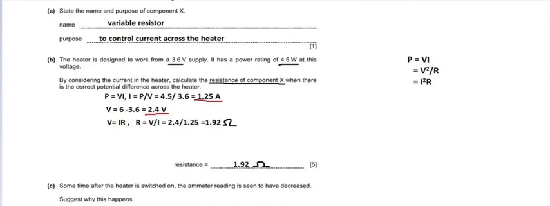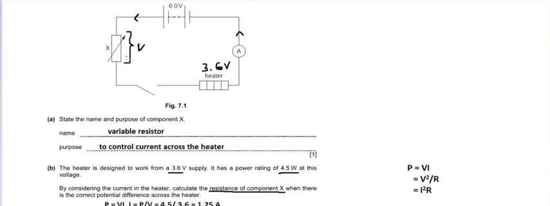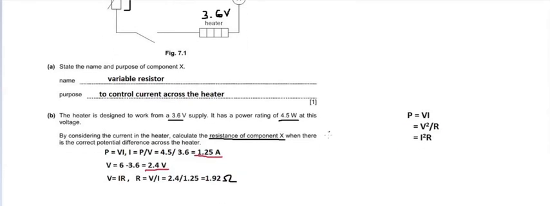I will explain again. We need to find out the resistance of this variable resistor. For that we need the current flowing through this variable resistor and the voltage across it. To find the current, we used the power rating values of the heater and the formula P equal to VI. Using this formula, we found 1.25 as the current flowing in the circuit.